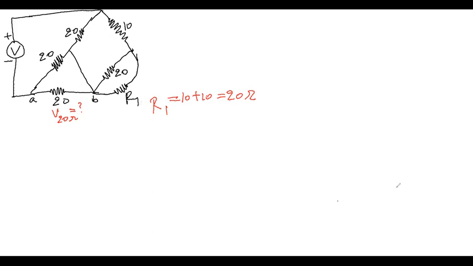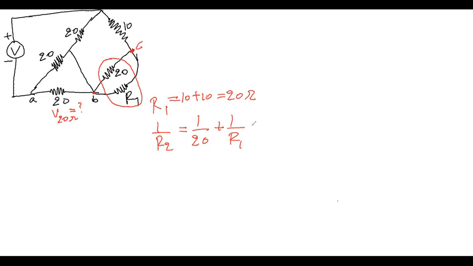Now the 20 ohm resistor and R1, these two are connected in parallel, right? R1 is connected between B, and let me just say this is C. R1 is connected between terminal B and C, and the 20 is also connected between terminal B and C. So therefore, these two are in parallel. If they are in parallel, let's say their equivalent is R2. So 1 over 20 plus 1 over R1.